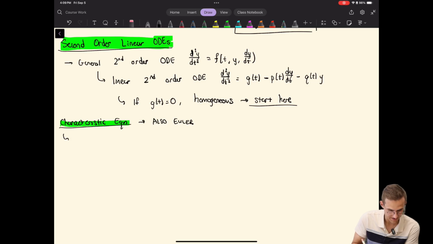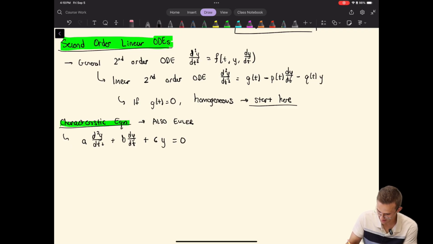We have a second order linear homogeneous differential equation with constant coefficients. So by that I mean we have a d squared y dt squared, plus b times dy dt plus c times y is equal to 0. And again, a, b, and c are constants.